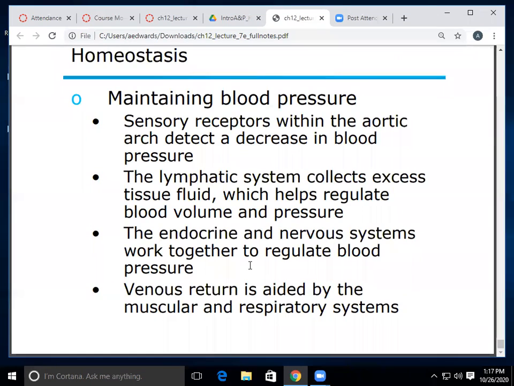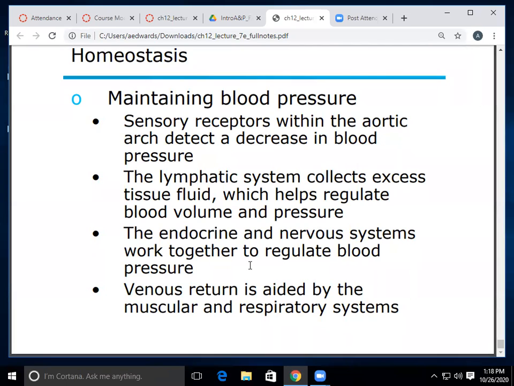All right, your cardiovascular system is involved in maintaining blood pressure. So in your aortic arch, you actually have sensory receptors, and they can detect changes in blood pressure, particularly decreases. So lymphatic system, its role is to collect excess fluid that accumulates after blood's gone to the tissues.